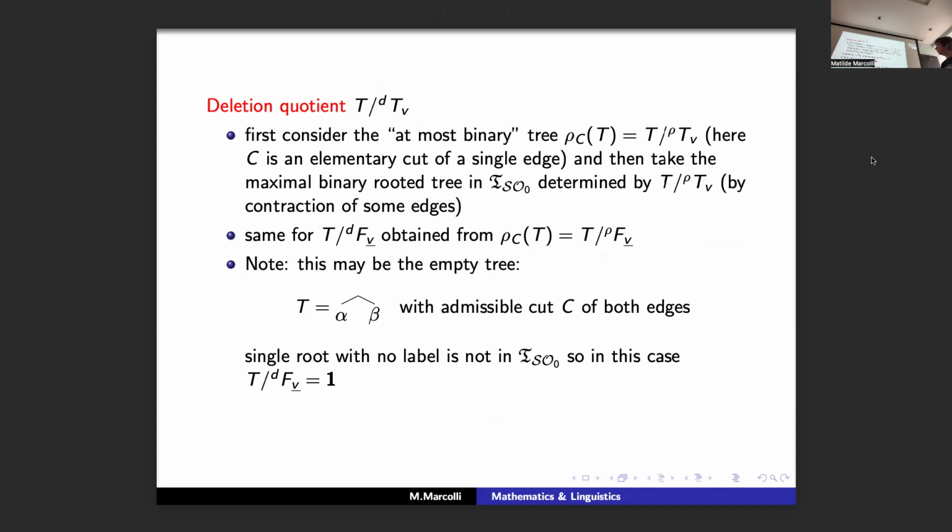What happens in terms of this deletion quotient? This is the one that, as we were saying, kind of goes to the externalization, where you lose all traces of where you have extracted structure.